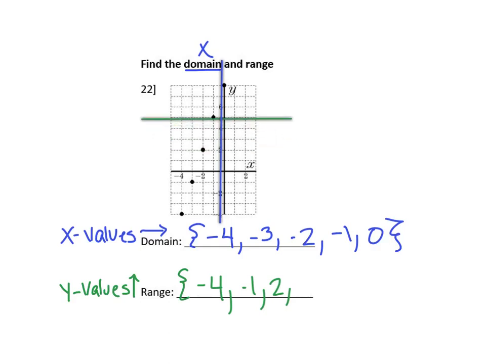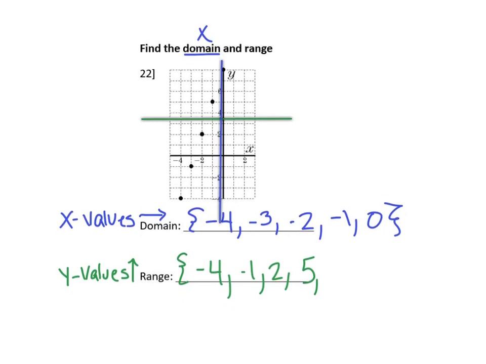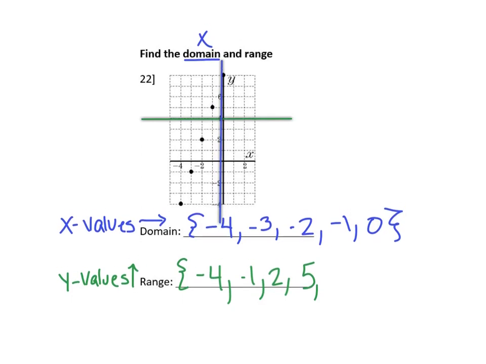Then we have, let's see, that's 2, 3, 4, 5. And then the last point has a y value of, looks like 9, excuse me, 8. And we have our domain and range.